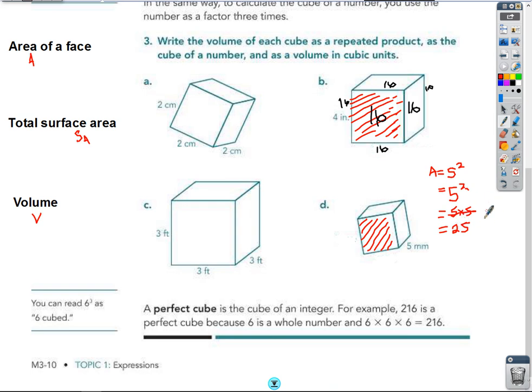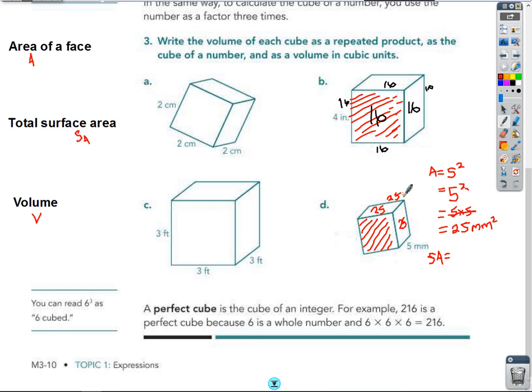If asked for the surface area, once again, because we're dealing with a cube, we know that the cube has 1, 2 in the back, 3 on the left, 4 on the top, 5 on the bottom, 6. And if one of the sides has an area of 25 millimeters squared, then all of the other sides have an area of 25 millimeters squared.